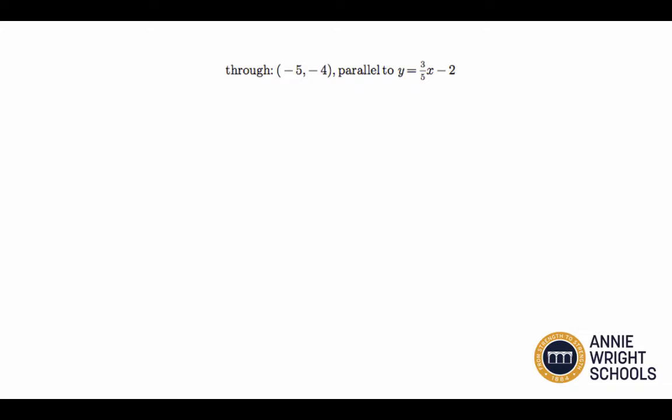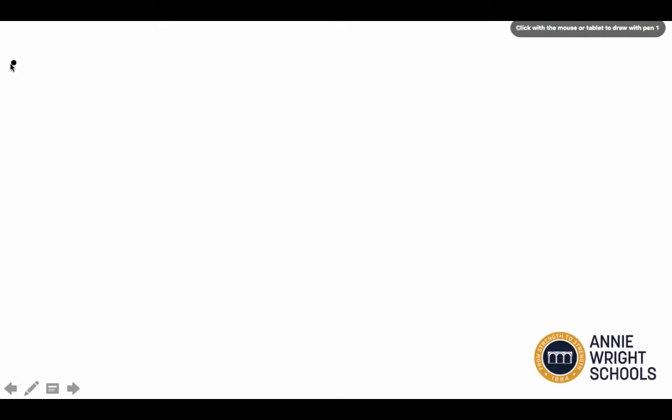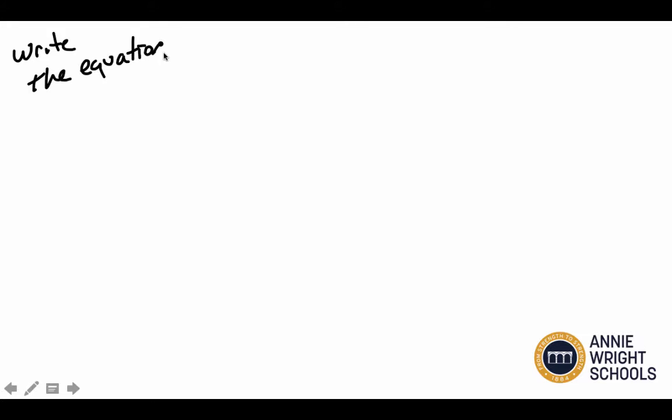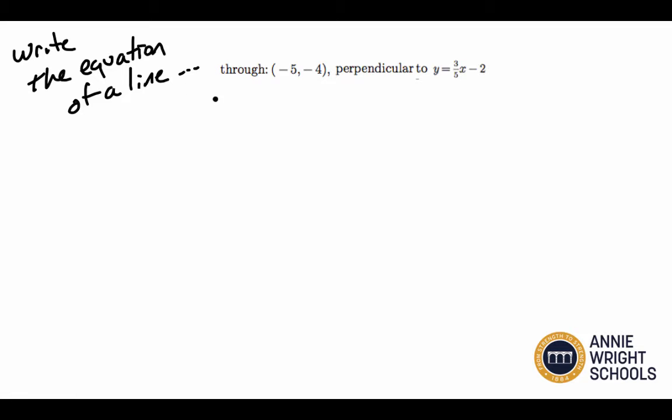Another example. Write the equation of a line. It always starts that way. Write the equation of a line that goes through -5, -4. I use the same point, but now I'm going to change it to perpendicular to this line.